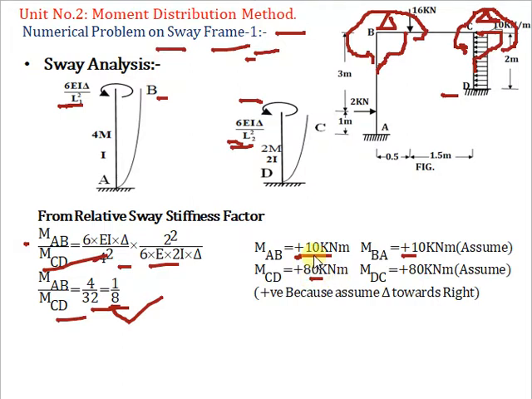Let's assume 10 here. So this is the step when we are doing the sway analysis: first we consider the non-sway frame, and then in the second stage we consider it as a sway frame and find the relation of end moments by applying the sway.